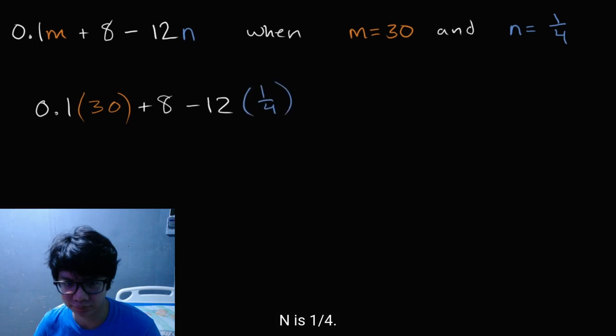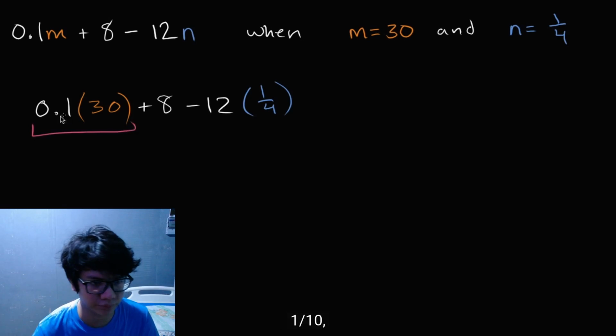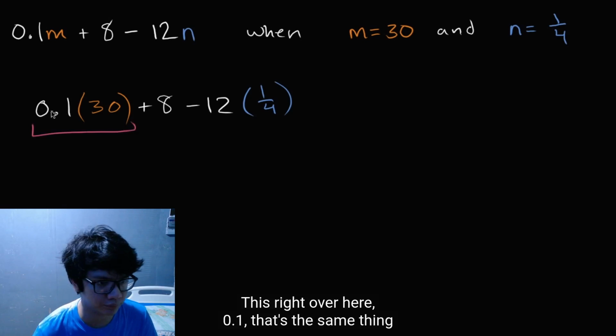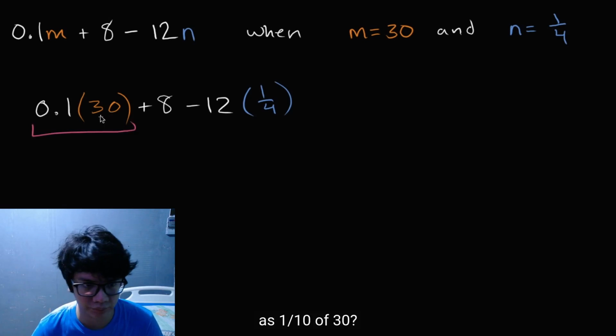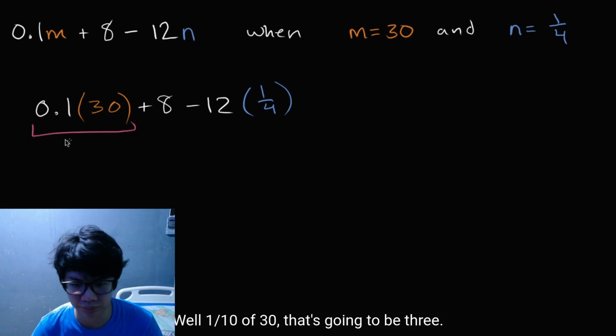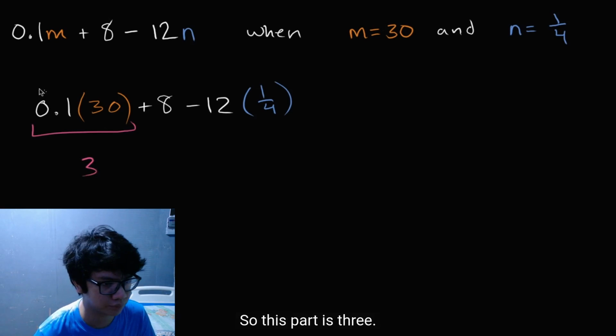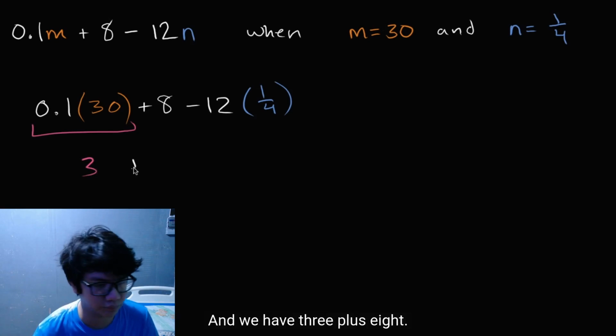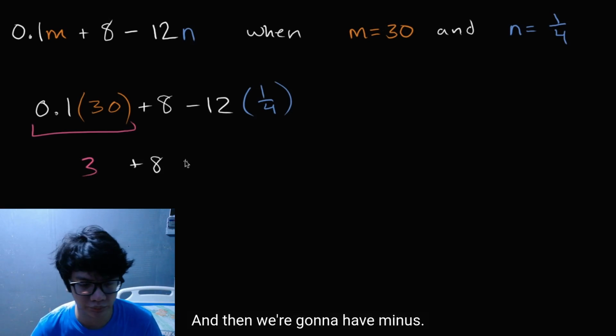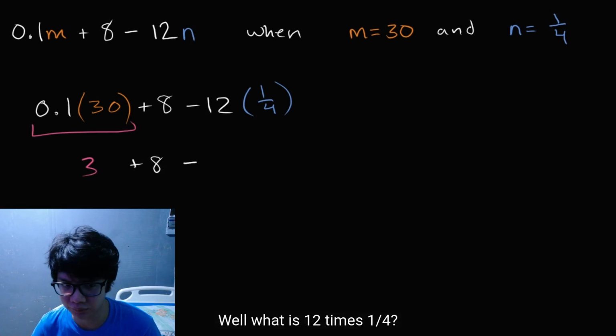So what is 0.1 of 30? 0.1 is the same thing as 1/10, so 1/10 of 30 is going to be 3. So this part is 3. We have 3 plus 8, and then we're going to have minus 12 times 1/4.